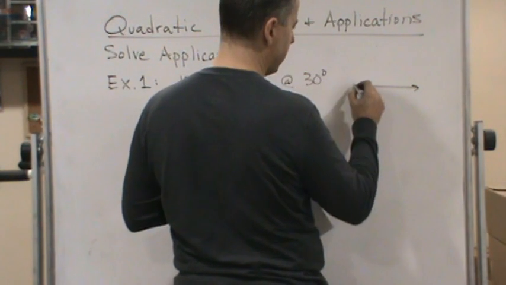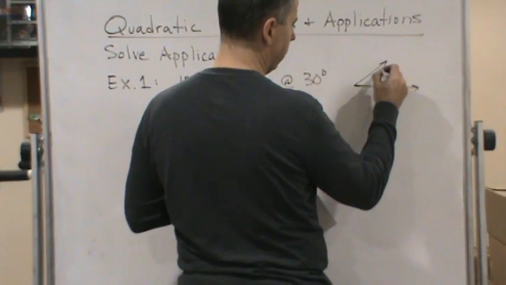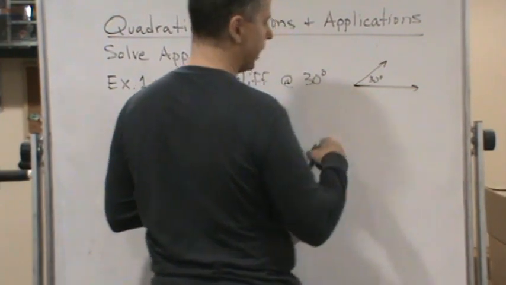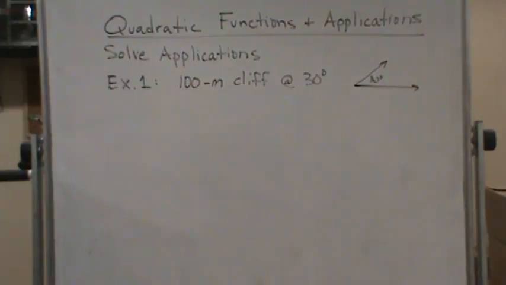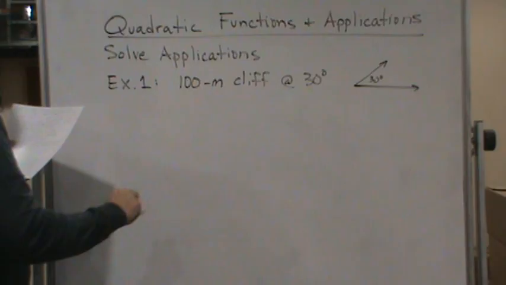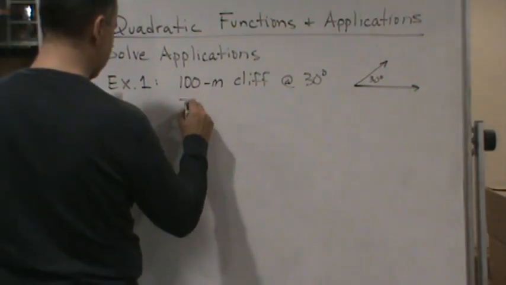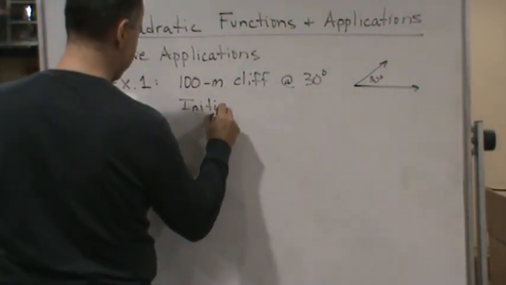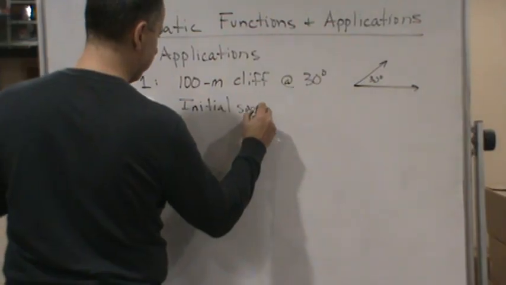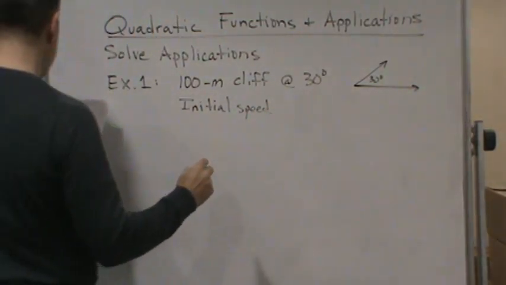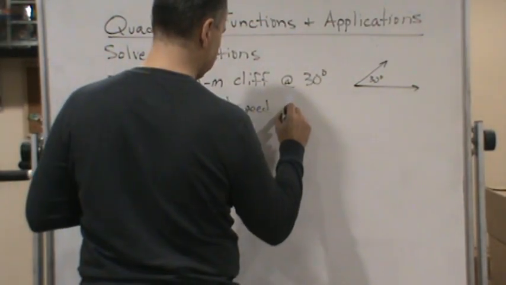So here's the horizon. So we're talking about that angle. It travels with an initial speed of 20 meters per second.